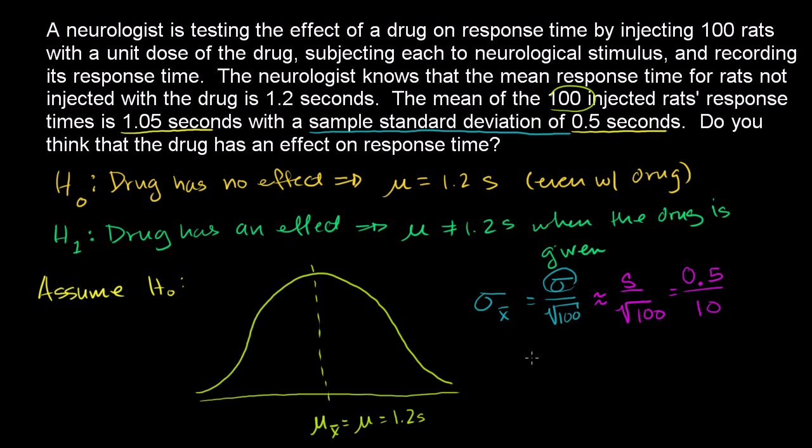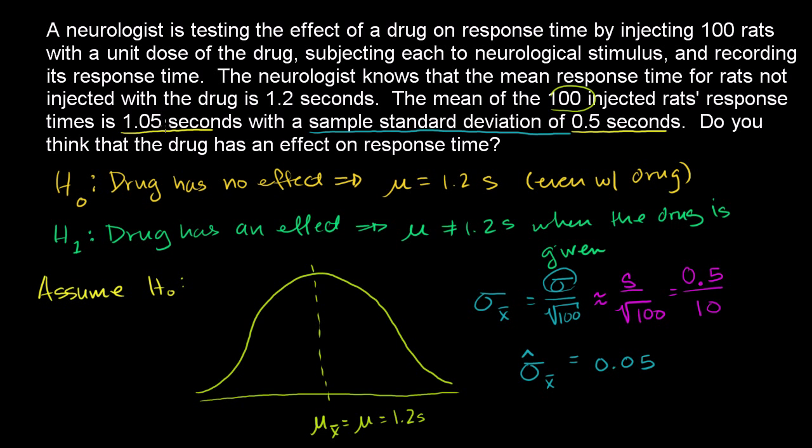So the standard deviation of our sampling distribution is going to be, and we'll put a little hat over it to show that we approximated the population standard deviation with the sample standard deviation, equal to 0.5 divided by 10, so 0.05. And so what is the probability? Let's think about it this way. What is the probability of getting 1.05 seconds?